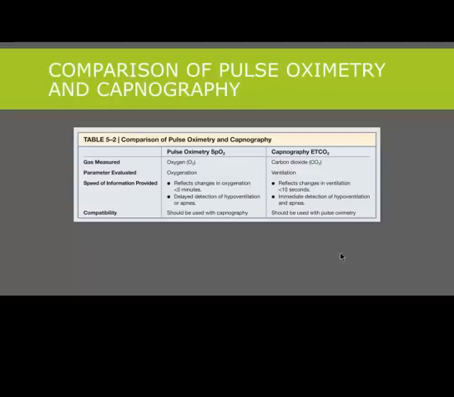Here's one of the biggest problems. Reflex changes in oxygenation may take 2, 3, 4 minutes, whereas in less than 10 seconds you have the real-time changes with ventilation. And again, they're both directly related to each other. It's a delayed detection of hypoventilation and apnea, whereas CO2 is an immediate detection. They both should be used in conjunction with each other.